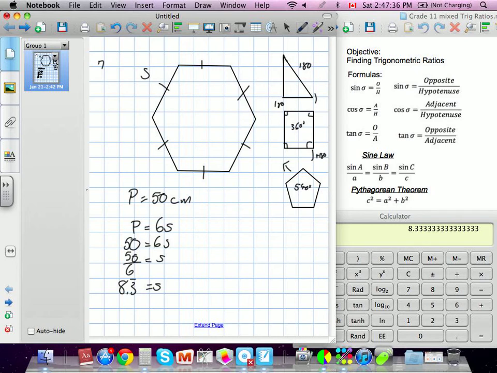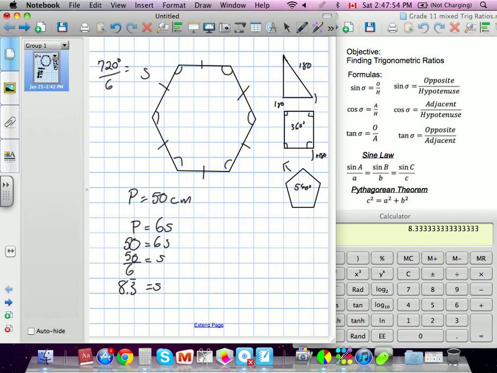We have 1, 2, 3, 4, 5, 6. Because there are 6 and they're all going to be even, we would divide this by 6, right? So every angle is 120 degrees. Good. So we got 120 degrees for all of our angles.